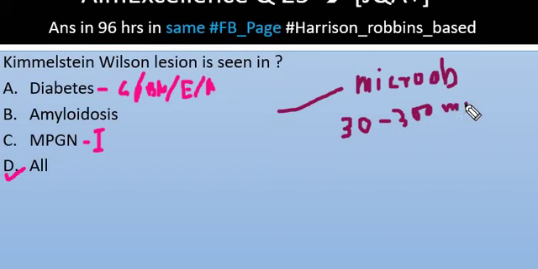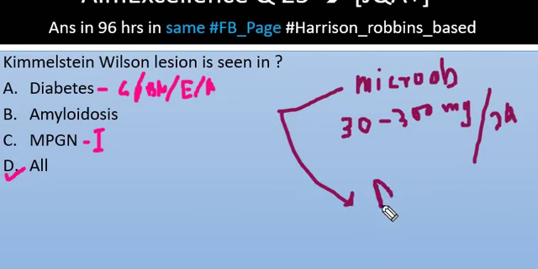Can you say whether in this case dipstick test is positive? No. The dipstick test is going to be negative in cases of microalbuminuria.